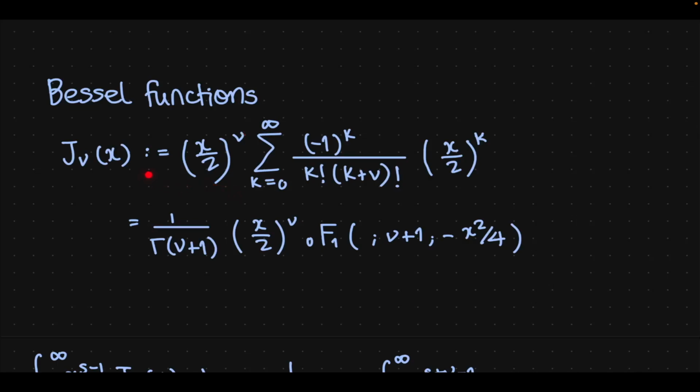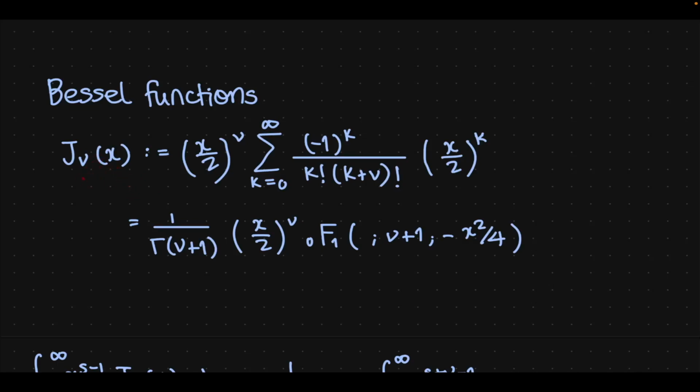The Bessel functions are solutions of a particular differential equation. They appear in the cylindrical Laplace's equation for the radial part, if I'm not wrong. And they have certain properties in terms of Sturm-Liouville theory. But in this case, we just care about the definition in terms of the power series.